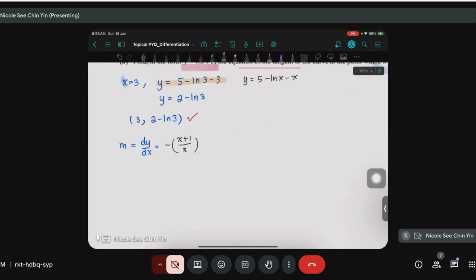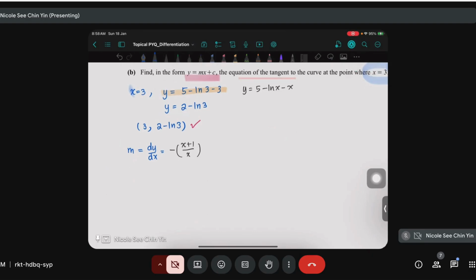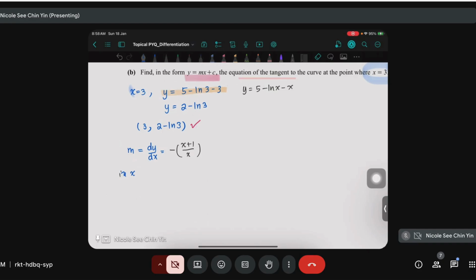So I need to find my dy dx value. The next step, I'm going to substitute x equals to 3 into my dy dx. So dy dx will equal negative 3 plus 1 over 3, which is negative 4 over 3.